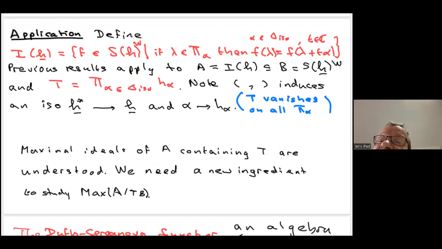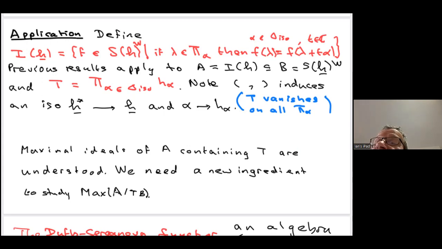And the previous results apply to A contained in B. A is I(H) and B is S(H)^W. And t is the product over all isotropic roots alpha of certain elements h_alpha.